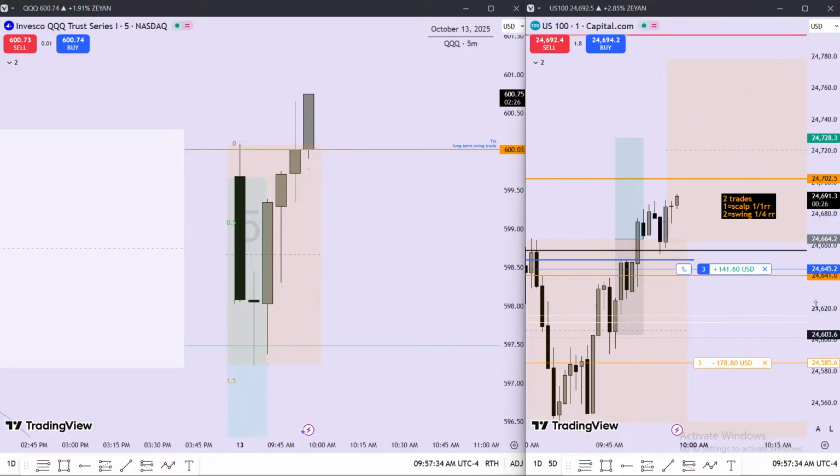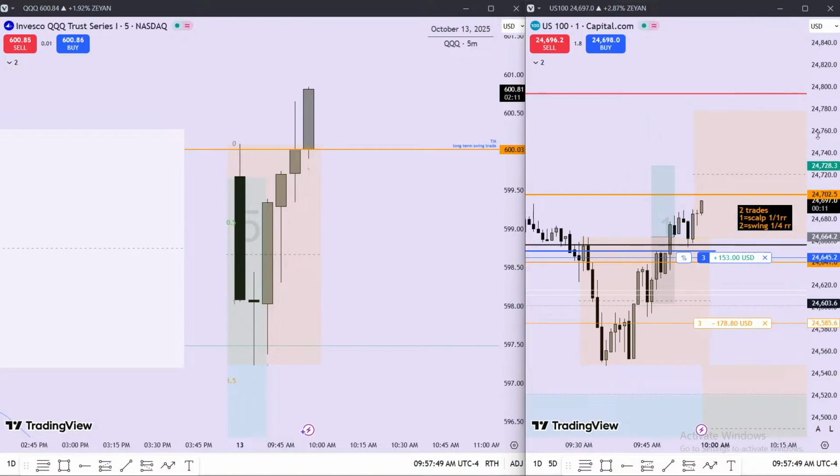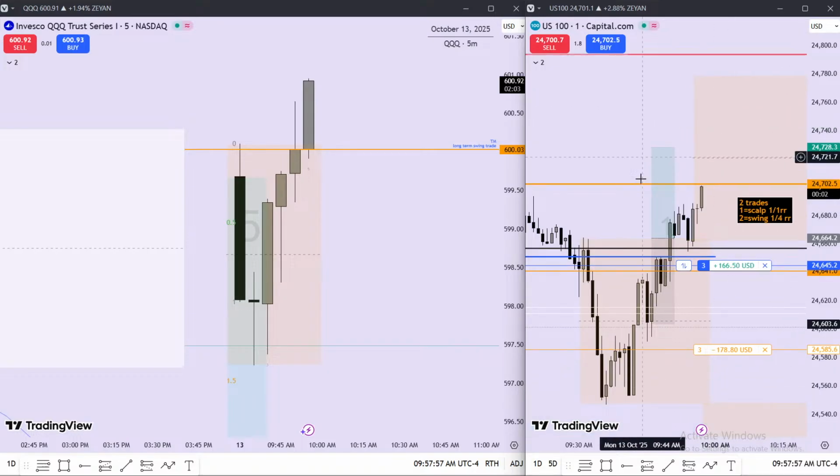Since it has a very high win rate, I like to execute it live. For the swing trading setup, swing trades are really rare. They might come once or twice a month, or once or twice every 3 or 4 months. So that is separate from what I'm doing here.